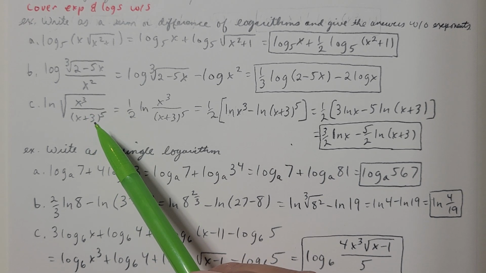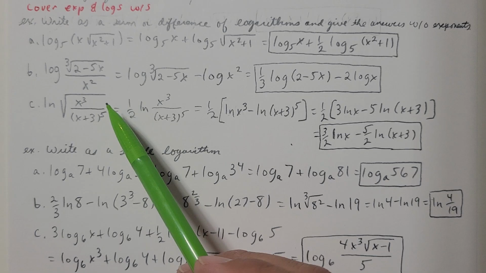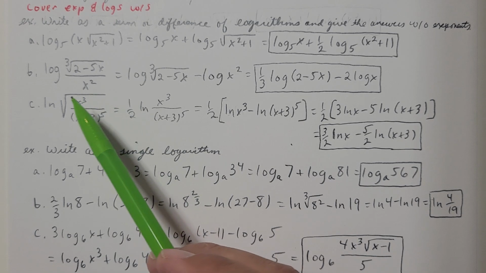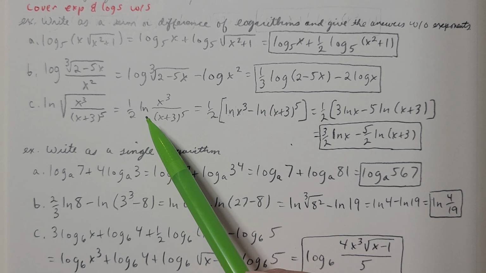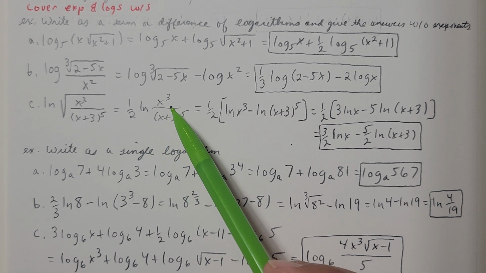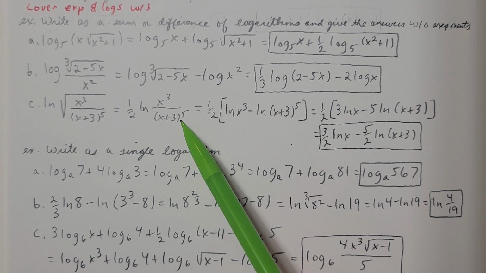That's the same thing as x cubed divided by x plus 3 to the 5th, to the 1/2 power. So let's begin by bringing that power of 1/2 in front of the logarithm. So I have 1/2 times the ln of x cubed divided by x plus 3 to the 5th.